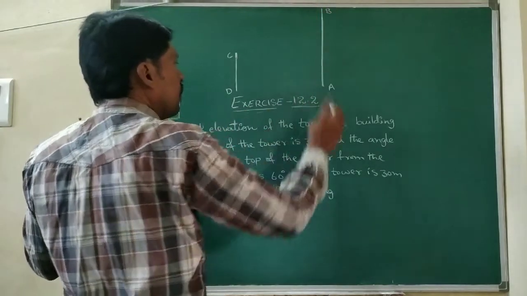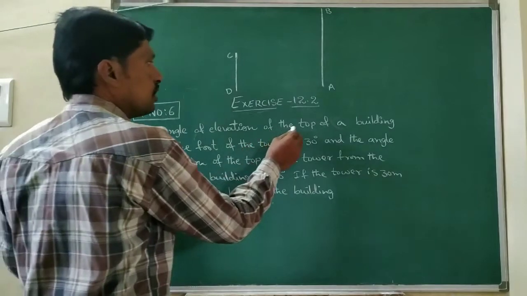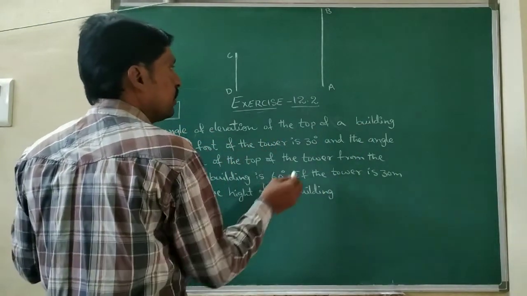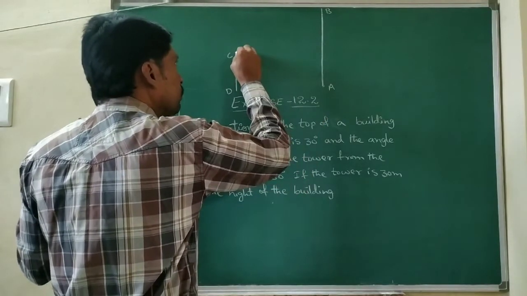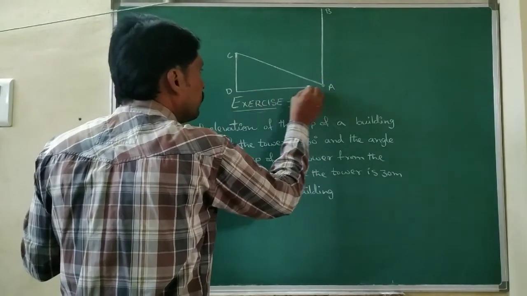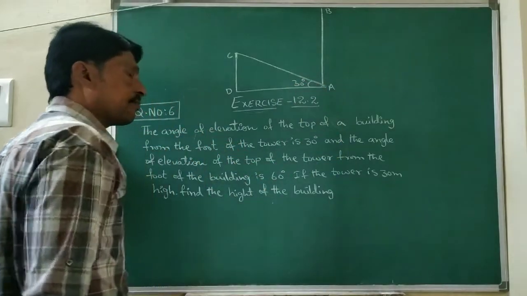AB is the height of the tower. So the angle of elevation of the top of the building from the foot of the tower, here it is making 30 degrees angle. Angle of elevation is 30 degrees.